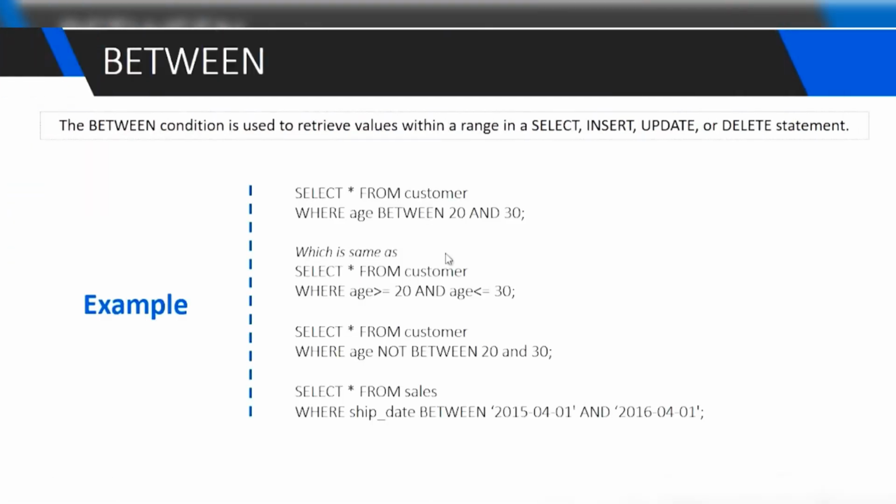Suppose we want to get all the customers whose age is between 20 and 30. This can be done using the BETWEEN condition. Select everything from the customer table where age is between 20 and 30. Let us go and write this in the pgAdmin interface.